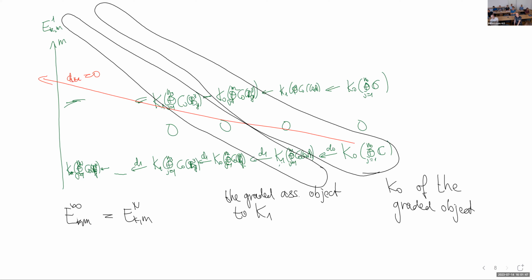Yeah, graded means we have some filtration, we get some groups. But this is not what our spectral sequence gives; our spectral sequence gives the quotients. And that's the problem. That's why we have this extension problem.